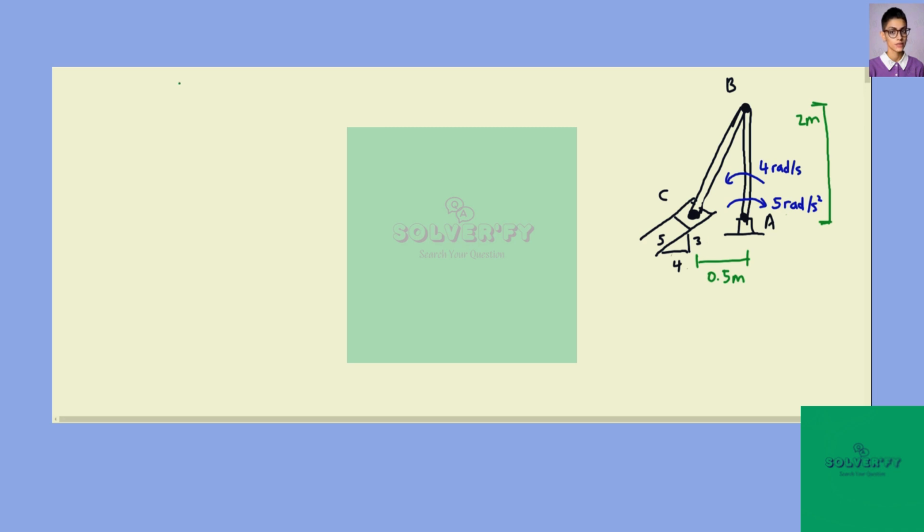So given omega AB, which is 4k, we can determine VB. We will do velocity first. VB is omega AB cross RAB.